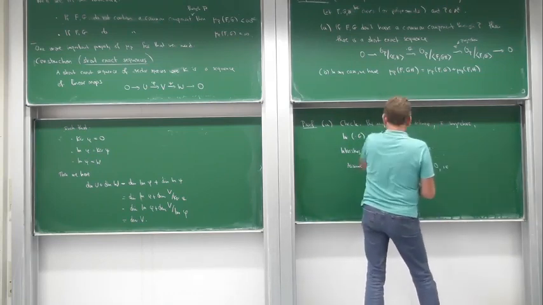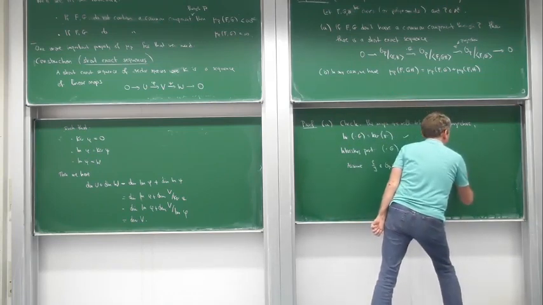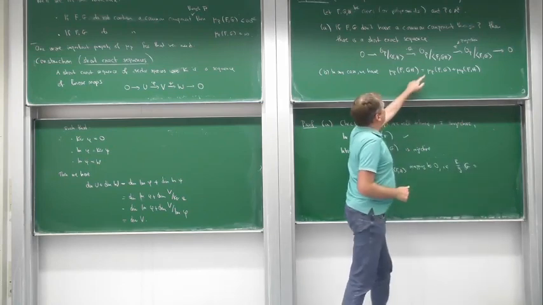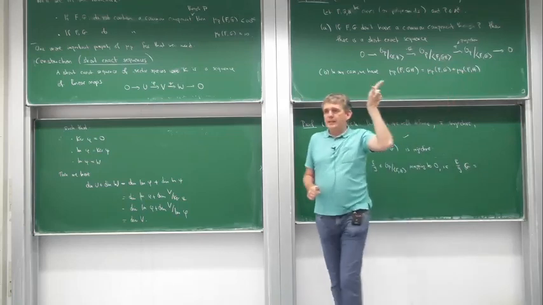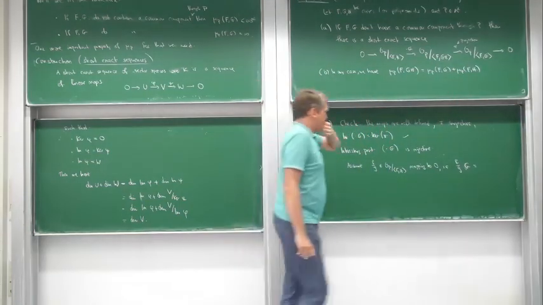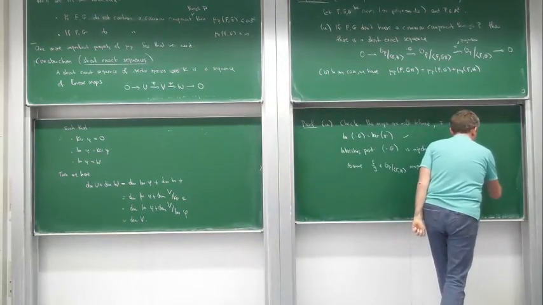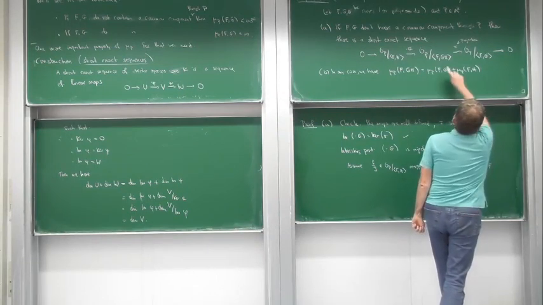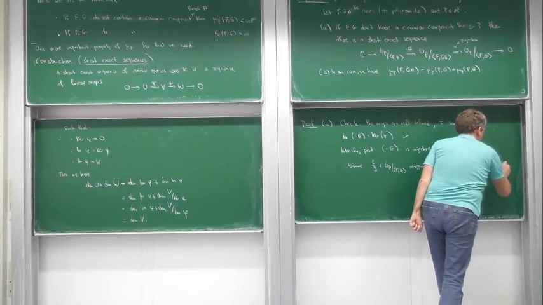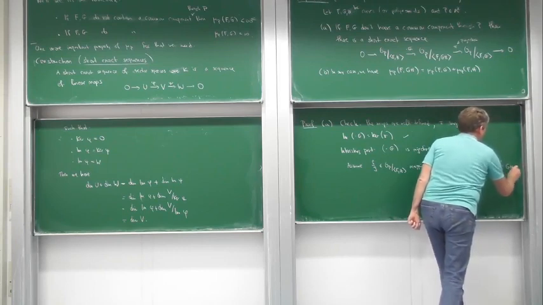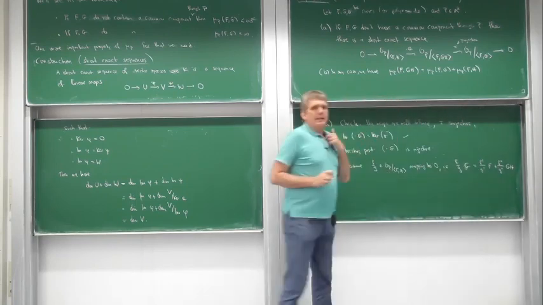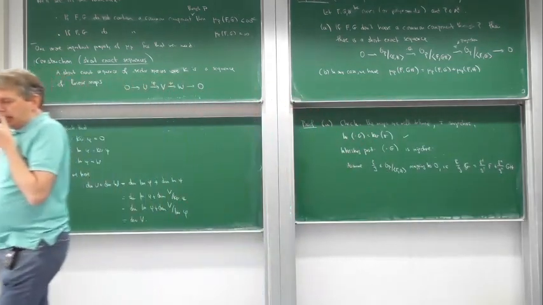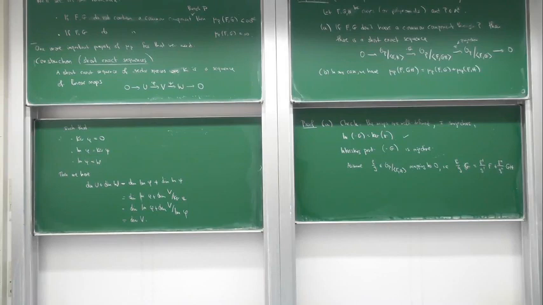What does the map do? It multiplies with G. So we have F over G times capital G, and that must be 0 here. That means it's a linear combination of the capital F and capital GH. So we can write it as some other polynomials, F prime over G prime times F plus F double prime over G double prime times the GH. Right? That's exactly what it means.